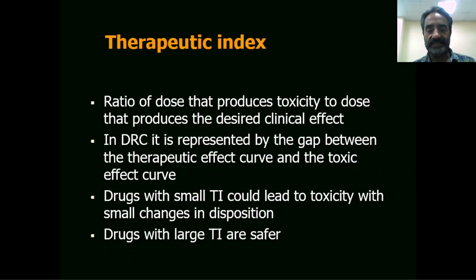In the DRC, it is represented by the gap between the therapeutic effect curve and the toxic effect curve, as we will see. Drugs with a small therapeutic index could lead to toxicity with small changes in the disposition. So drugs with a larger therapeutic index are relatively safer.